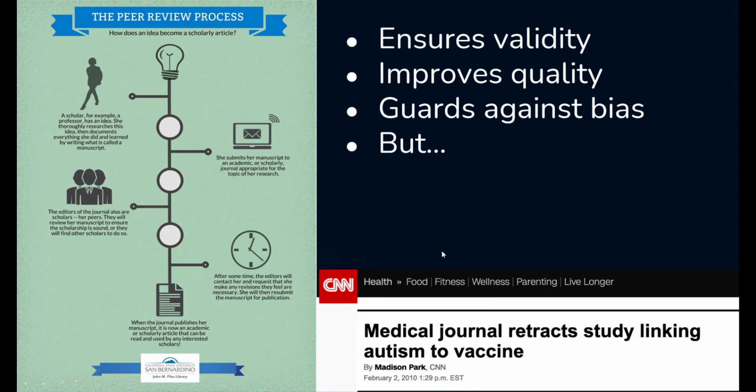Talking for a minute about peer review. In the peer review process, a scholar writes an article, submits it to a scholarly journal. The editors of that journal then submit it to other people who are experts in that same field to review it. Make sure that the research was done well, that it's adding something to the field, and so on. After a while, they may decide, hey, could you make some revisions to this?